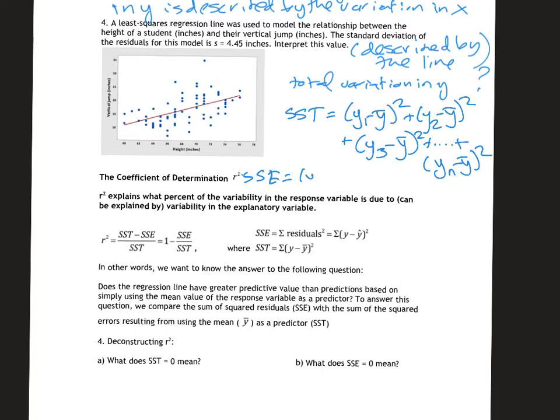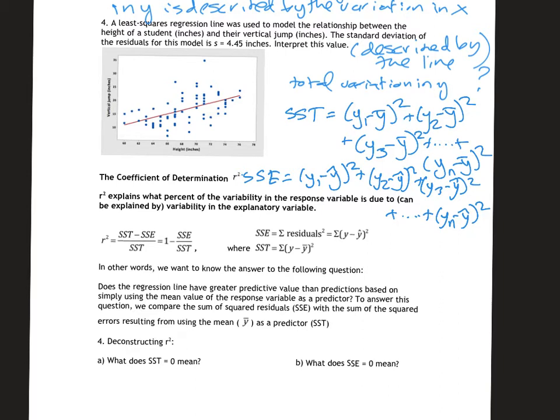So it would be y1 minus y hat squared, plus y2 minus y hat squared, plus y3 minus y hat squared, all the way to yn minus y hat squared. If that SSE, the sum of the squared residuals, is small, that's saying, wow, this line is pretty darn accurate.